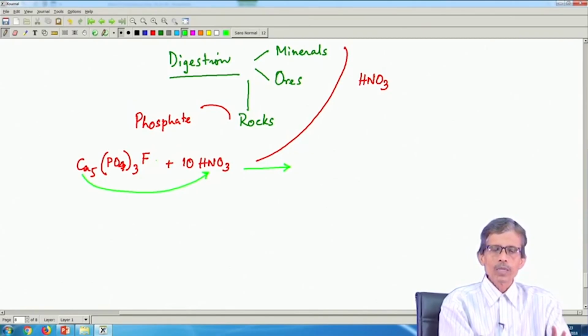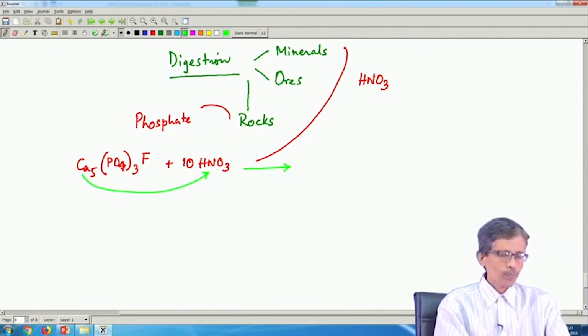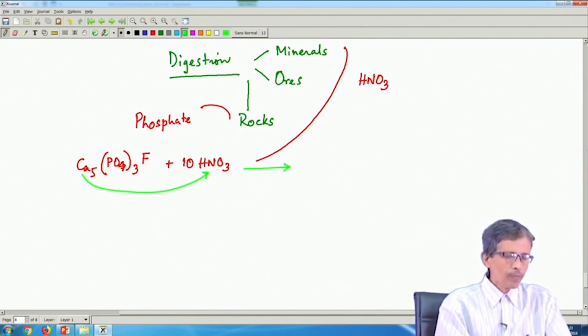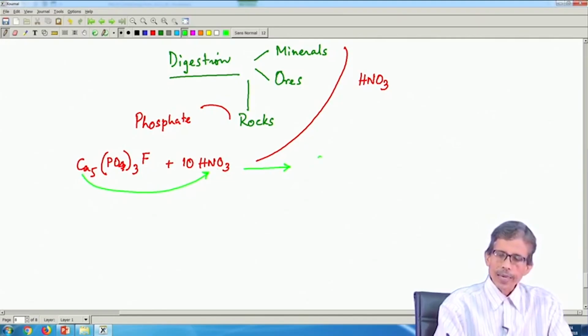What we will be talking about in our next class is the corresponding phosphorus compounds or the phosphates. So, this calcium can be very nicely taken care of by your nitrate ions. So, we will end up at that particular point with the production of calcium nitrate.